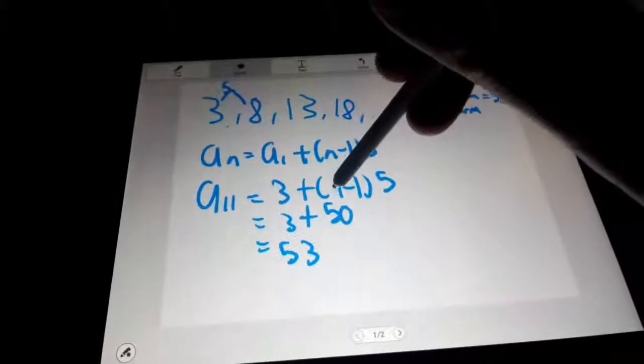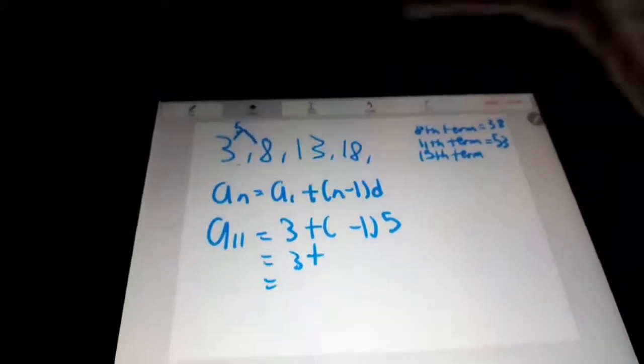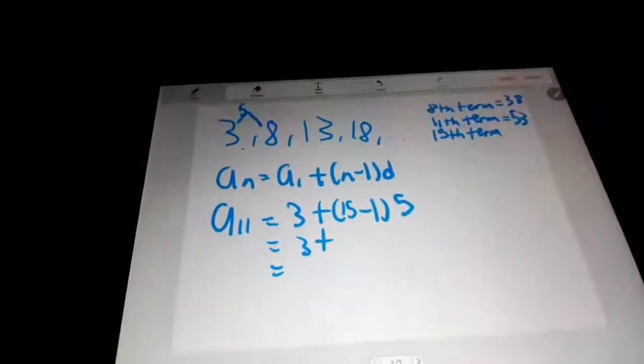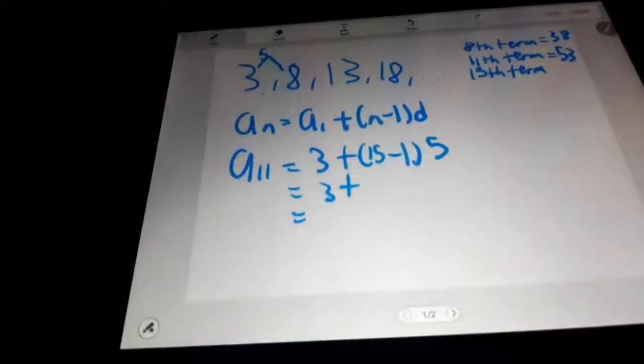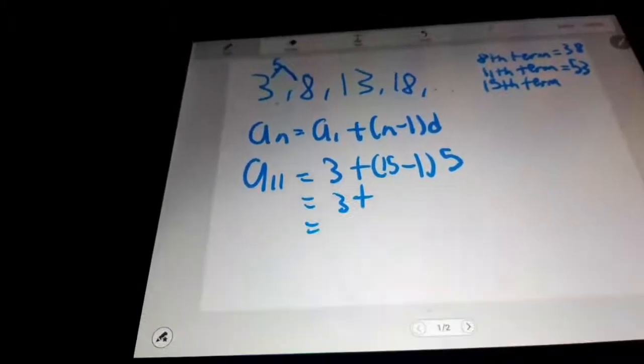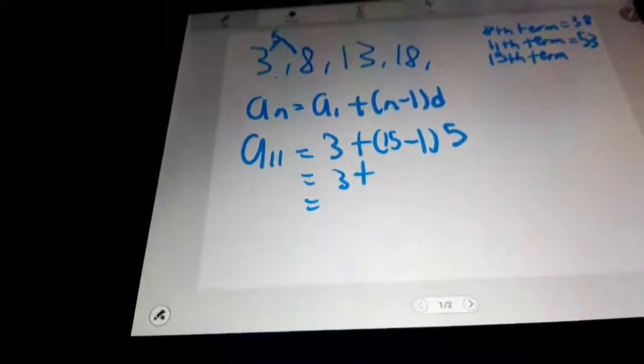Last one is the 15th term. So, nilagay ko lang dyan, 3 plus the parenthesis of 15 minus 1 times 5. So, dapat alamin mo yung 14 times table.